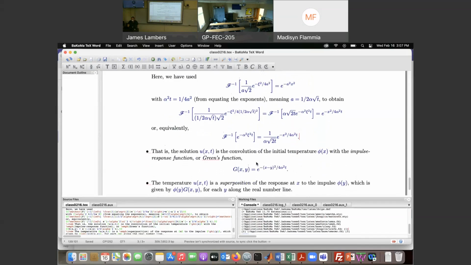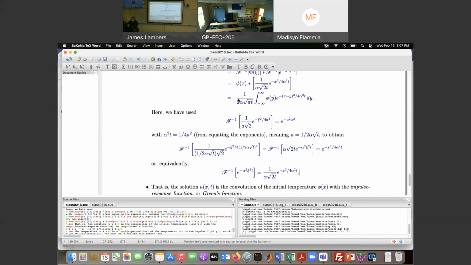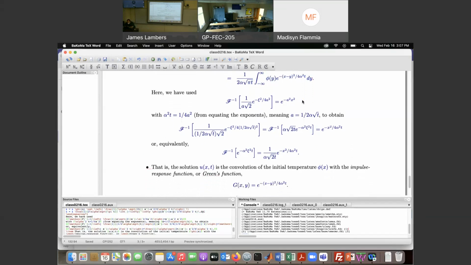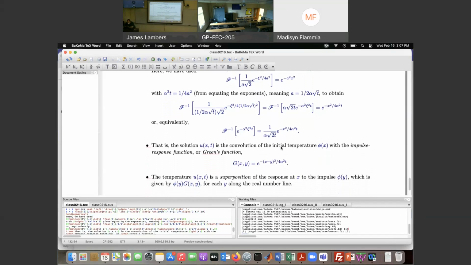One way to interpret this solution formula is as a convolution of your initial data with this Gaussian function. That exponential is also known as the impulse response function, or a Green's function.